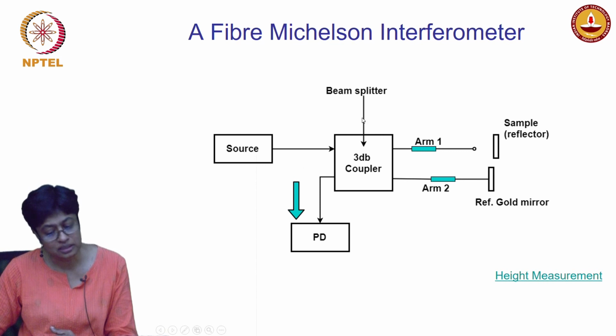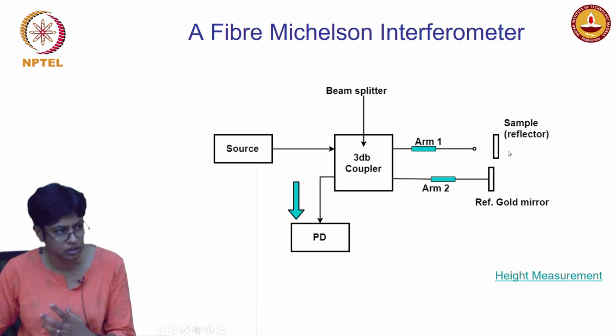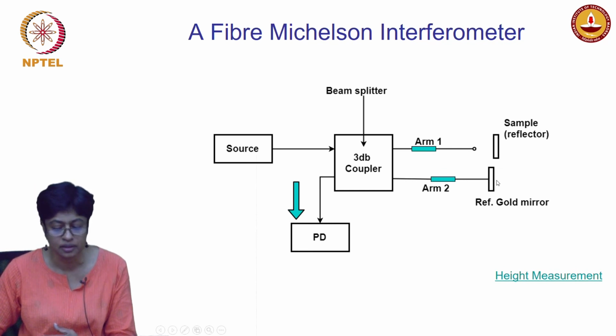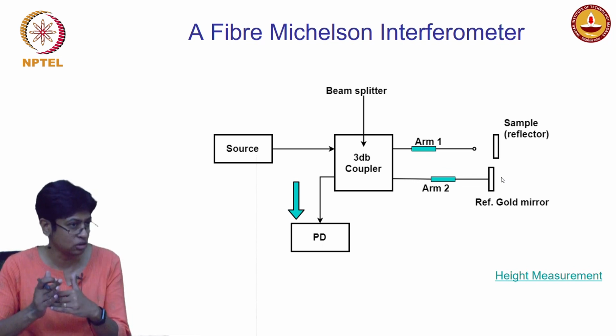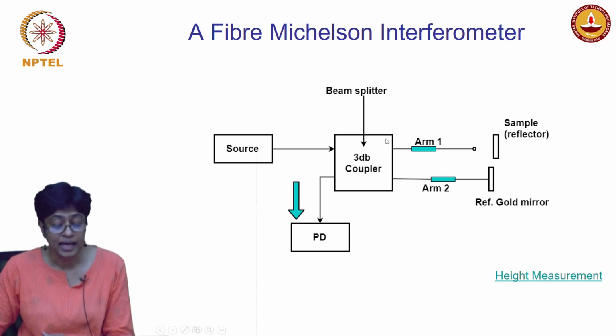This is a device that will split it into two parts. One arm allows the light to leave the arm and hit the object that we are studying, the object of interest. The scattered or reflected light from this, some of it will get captured by this fiber, return. Here you can have a mirror, and you can actually have a mirror pigtailed directly onto the fiber, so you never leave the fiber. Light comes back, and then these two combine, and you can study this again with a camera or photo detector. Okay.